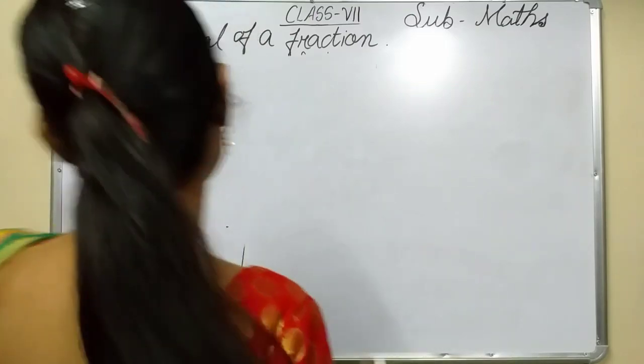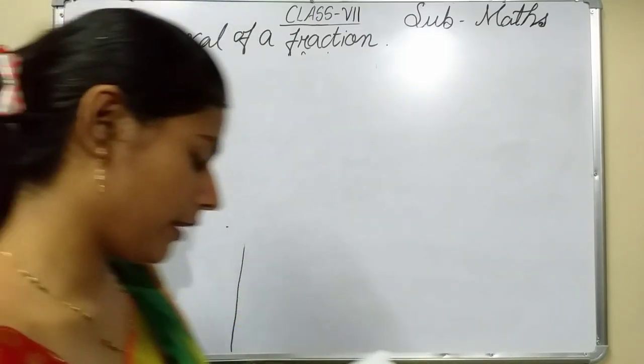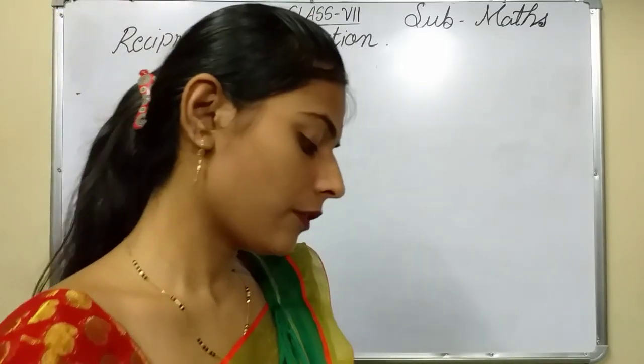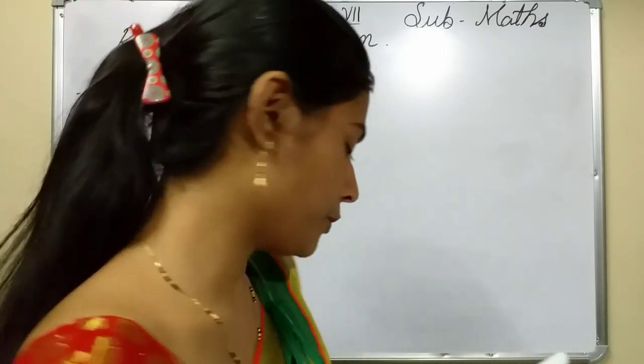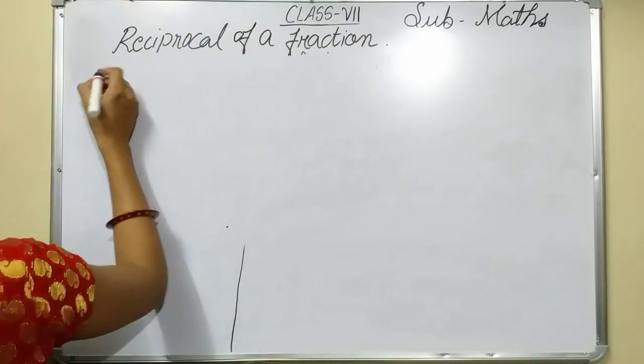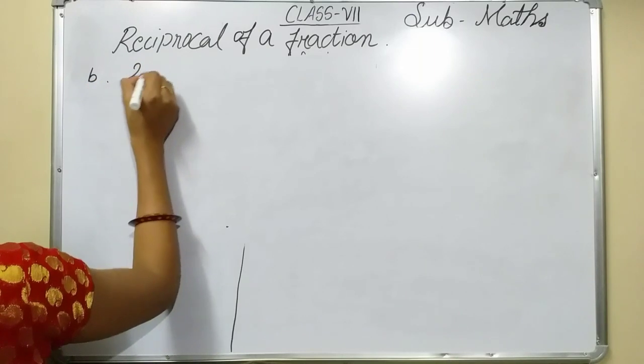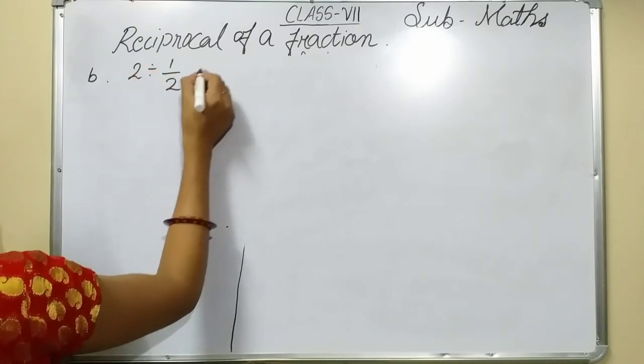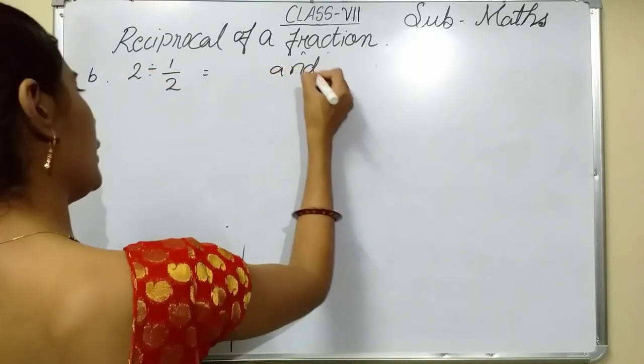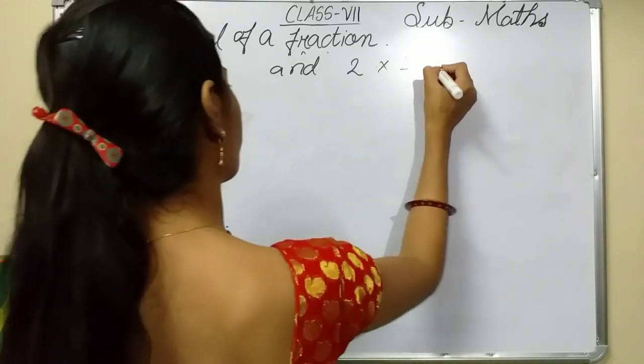Now question 3. Solve the following. 1 has been done for you. For example, the first question is given to you. Now we will start the second question. 2 divided by 1 by 2 is equal to 2 into 2.